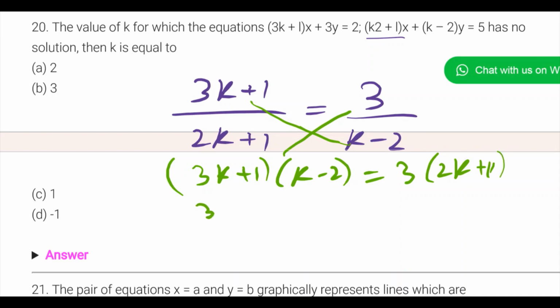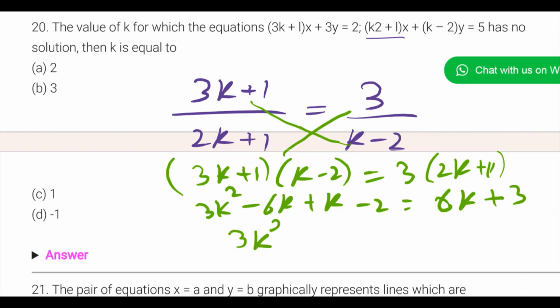This is 3k square minus 6k plus k minus 2 equals 6k plus 3. So 3k square minus 6k minus 6k minus 12k minus 11k minus 5 equals 0. So this is our quadratic equation.